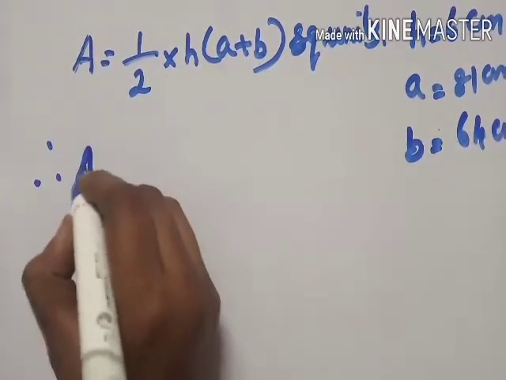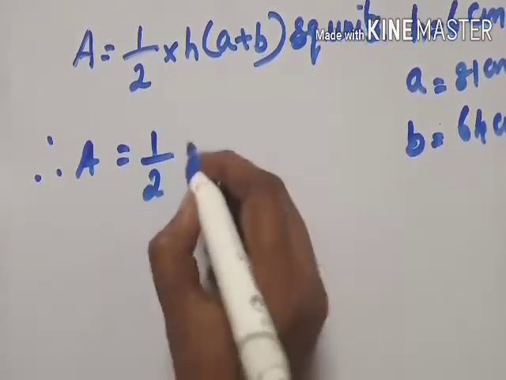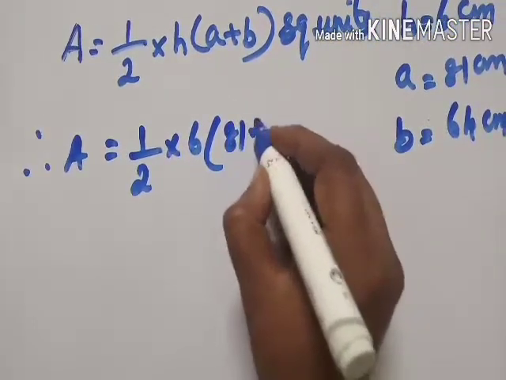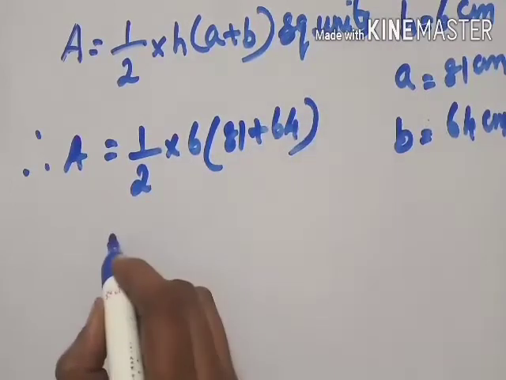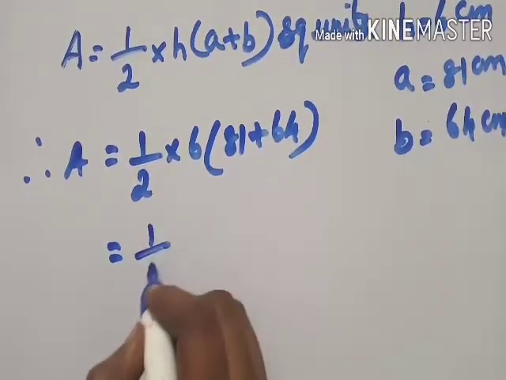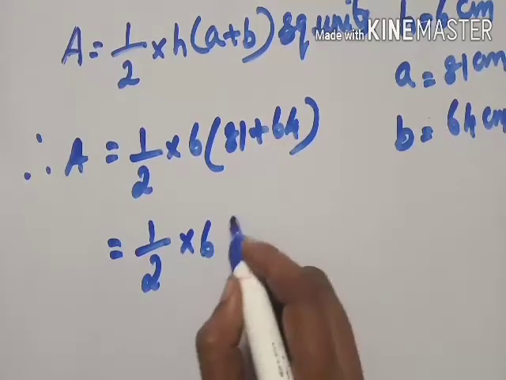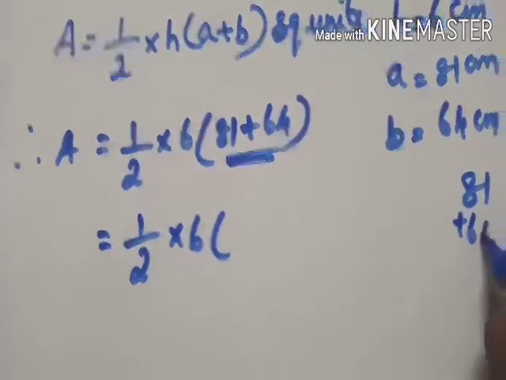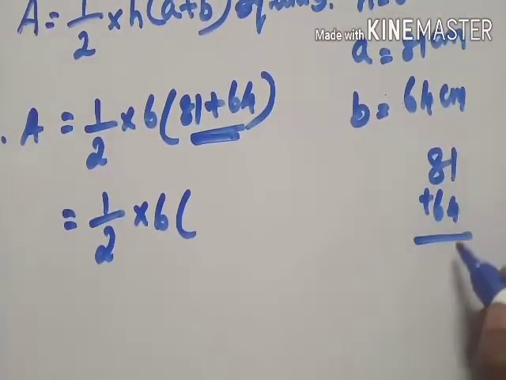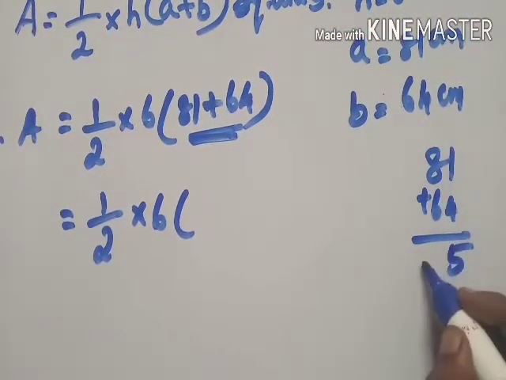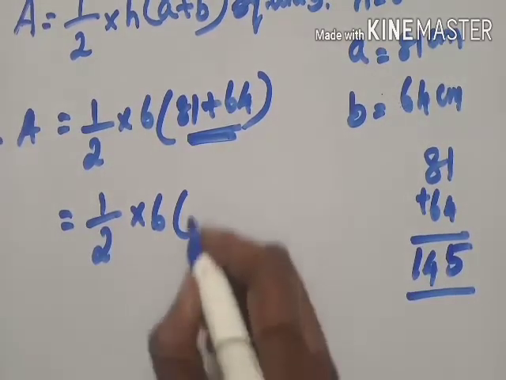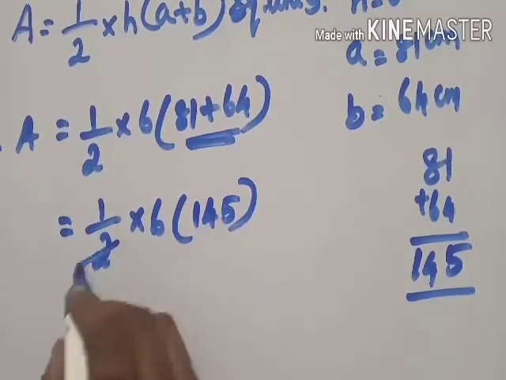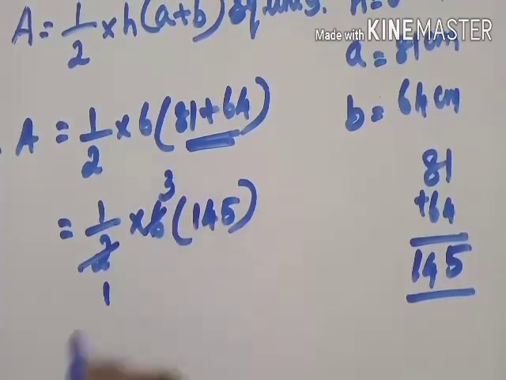Therefore, area is equal to half into 6 into the value of A, 81 plus 64. This is equal to half into 6 into, add these two numbers first. 81 plus 64: 1 plus 4, 5, 8 plus 6, 14, 145. 6 into 145, do the cancellation here. 1 2 is 2, 3 2s are 6.